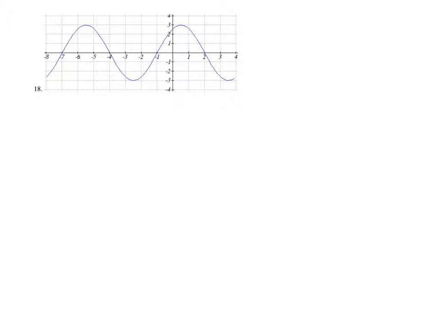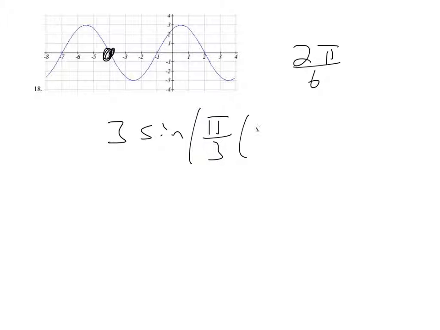So if I were going to do this trig graph starting there, I would say, I see an amplitude of 3. I see a sine function. I see the period is 6, so 2 pi over 6 would be pi over 3. It's been shifted left 4, so +4, and it's not shifted up or down.